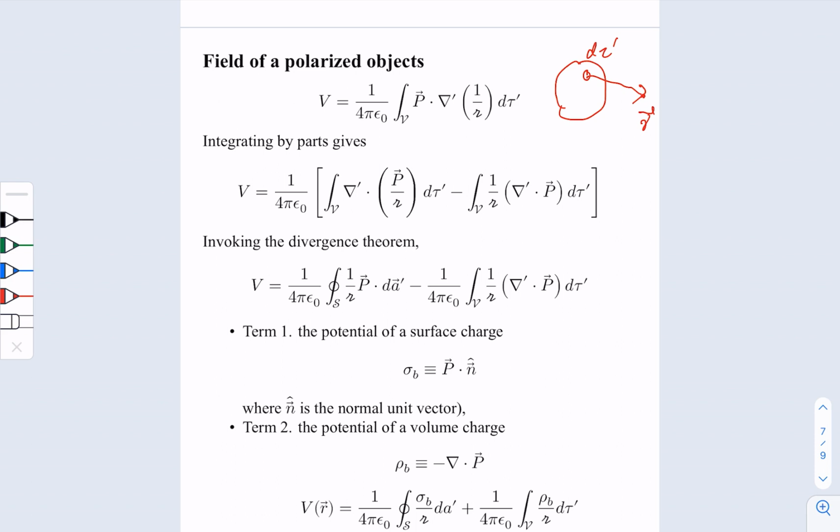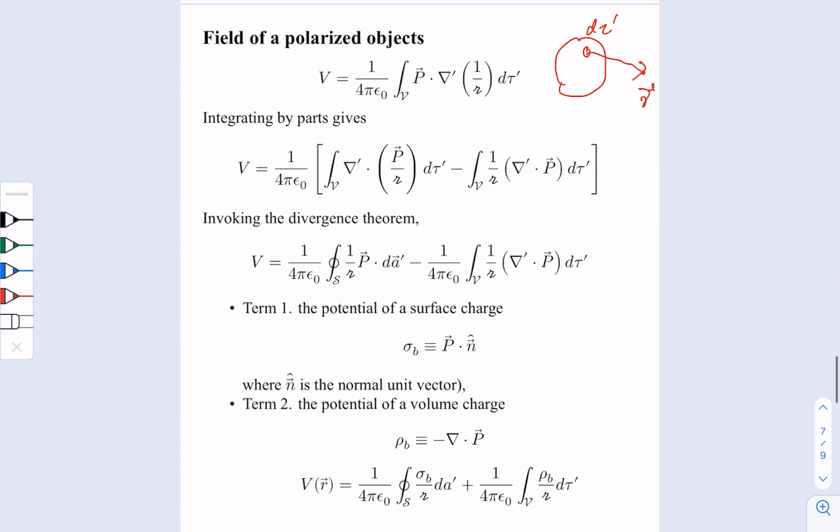For any integration by parts, there are always two terms. The first term is by moving this operation to the left, so that is the term over here, and the second term is by combining these two terms and moving this integral to the outside.